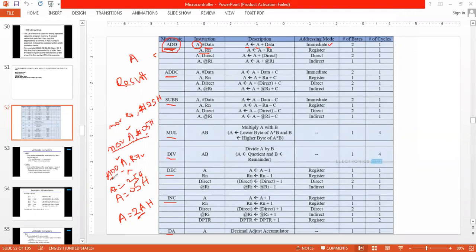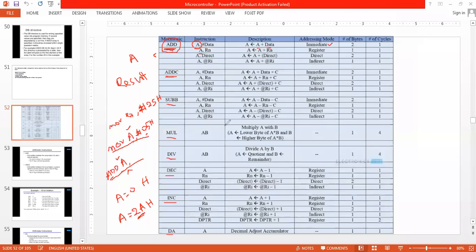R7 will remain unchanged, so it will remain 25H only. Okay, is it understood?